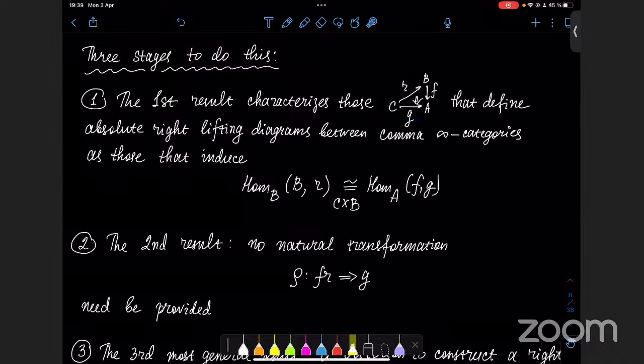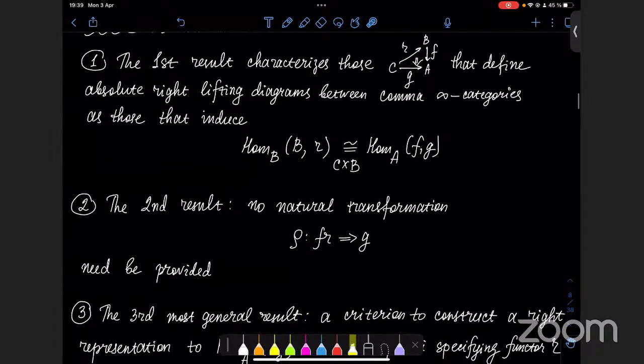It means that you have a notion that doesn't depend on the model. So it is a basis for the model independence.